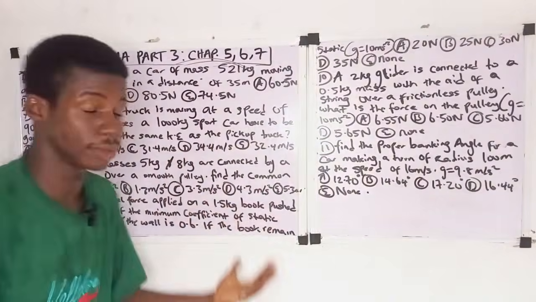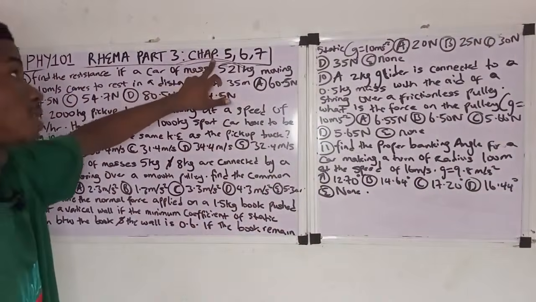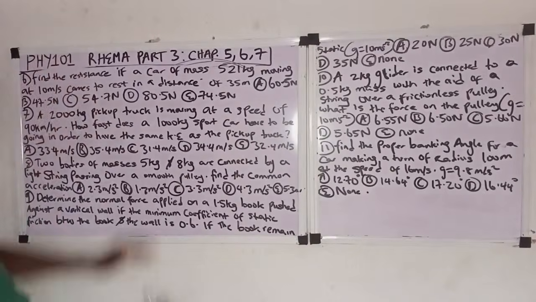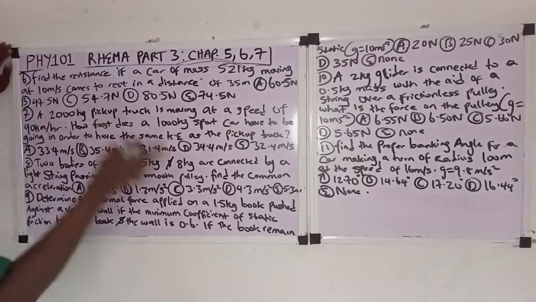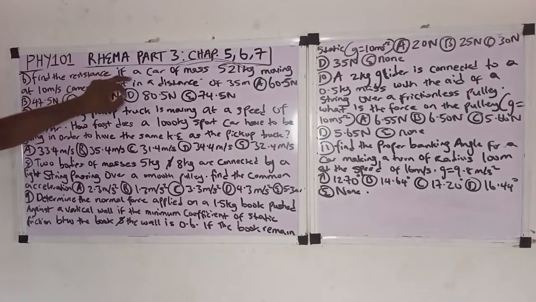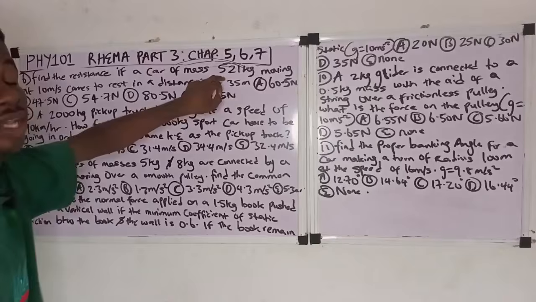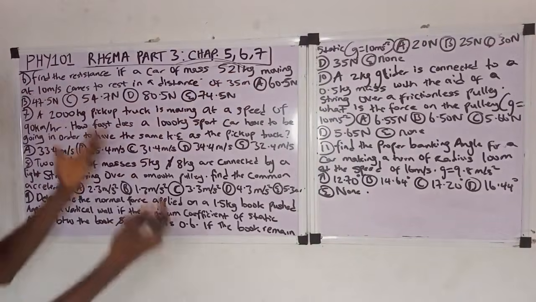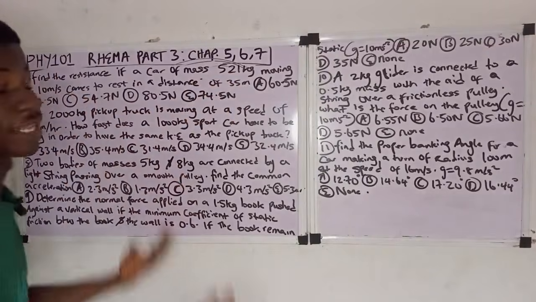These questions are from chapter 5, chapter 6, and chapter 7. So let's continue. Now question 6. They said find the resistance if a car of mass 521 kg moving at 10 meters per second comes to rest in a distance of 35 meters.